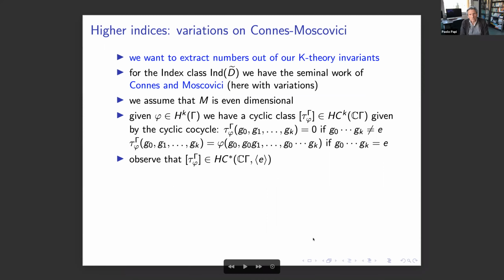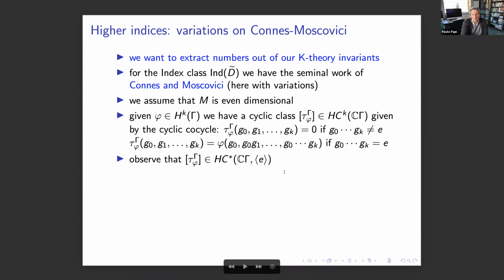Now, let me point out that this cyclic homology class is in the cyclic homology localized at the identity element. Namely, the definition is the one in the two lines before this last item. That's the definition of the cocycles which are localized at the identity element. Namely, they are 0 if the product of the elements is different from the identity.